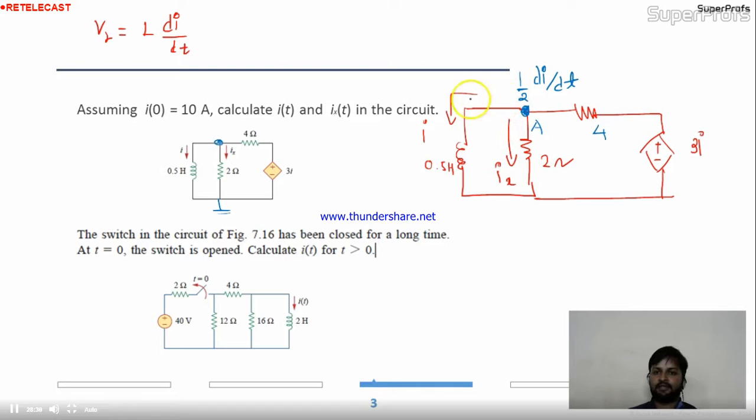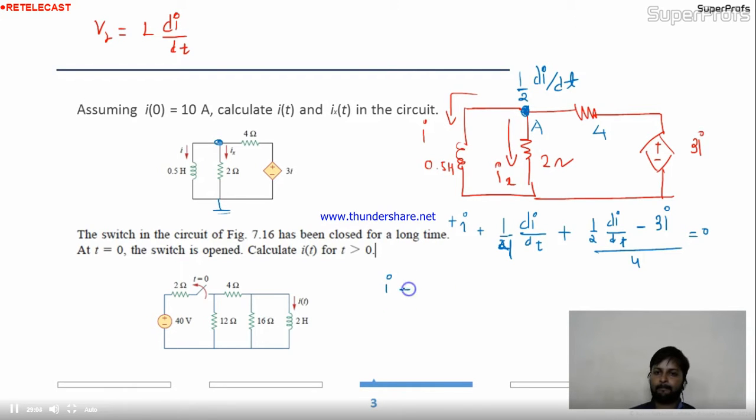The outgoing current is I given here, and this branch is 1 by 2 di/dt, voltage divided by 2. So this becomes I by 4, plus, in this branch, 1 by 2 di/dt minus 3I, divided by 4, equal to 0. We'll resolve this now.